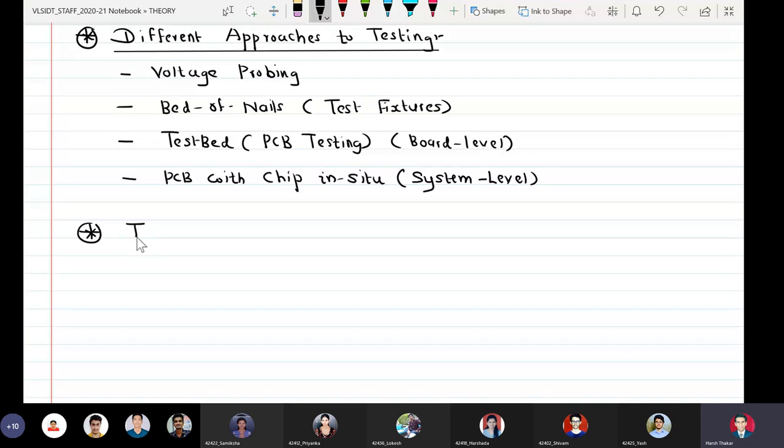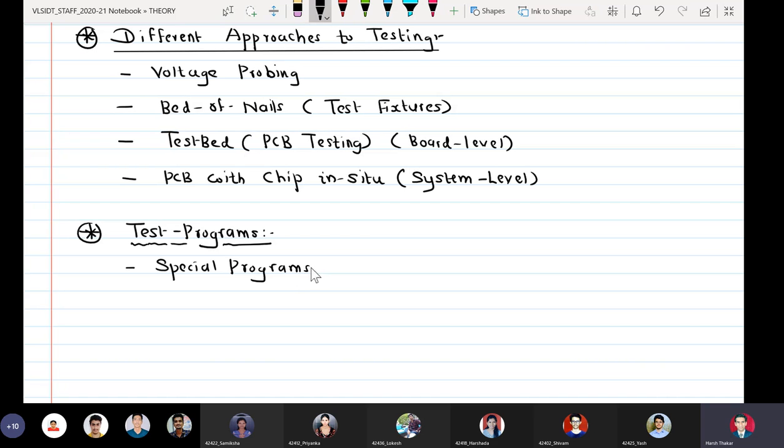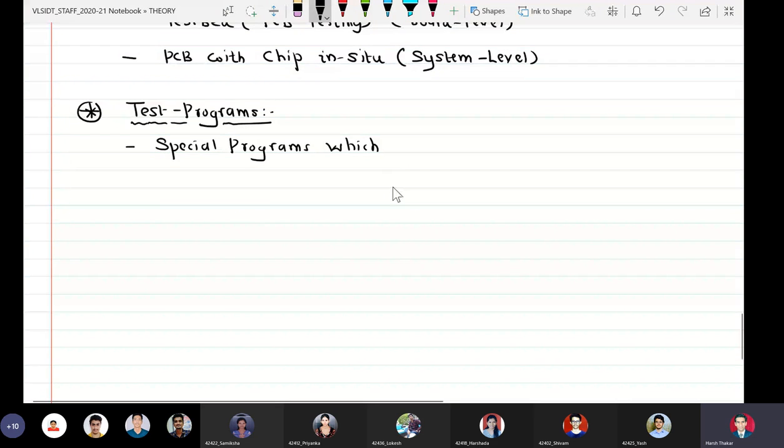And we also have test programs, that is programs which generate the appropriate test vectors. So test programs are special programs. They are not training programs. These are actually codings.